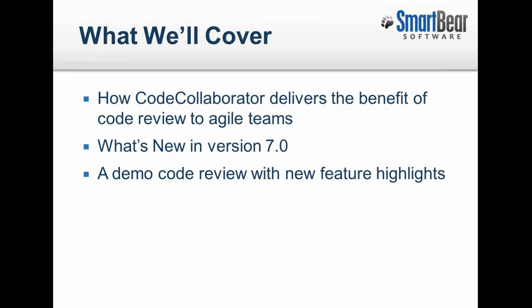We also have a new version of our software that came out just this past month, and we're very excited about that. So we want to talk about what's new in our latest version 7.0, and then take you through a sample code review, a typical code review workflow, while also highlighting some of the new features in 7.0.